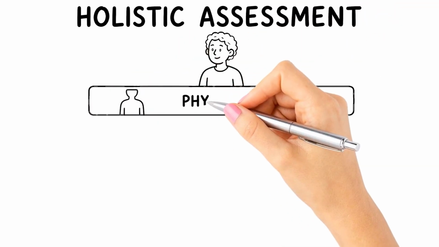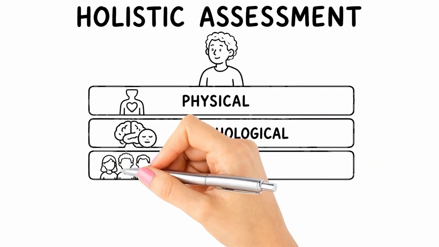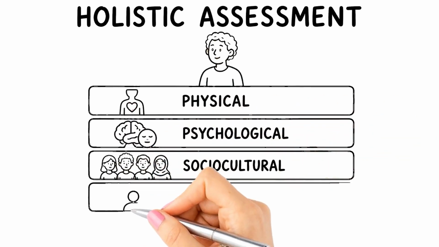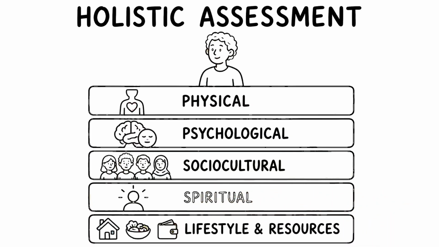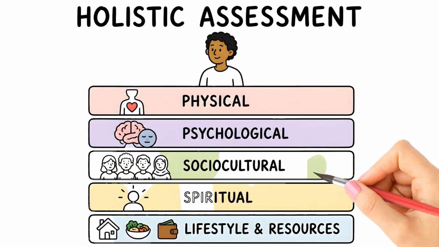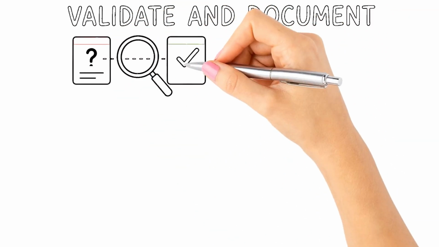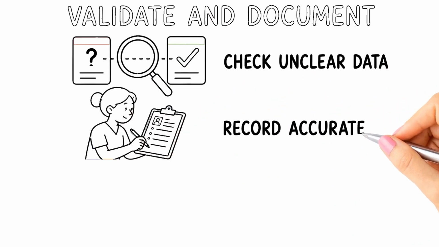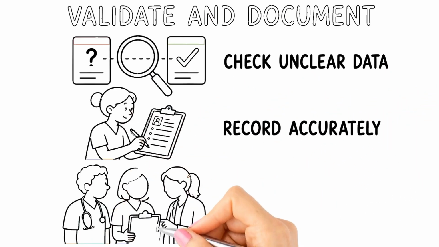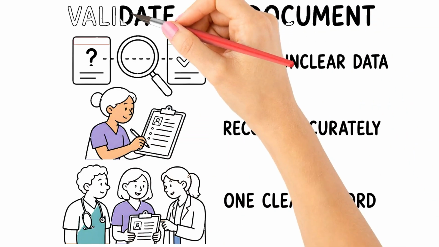It considers physiological, psychological, sociocultural, spiritual, economic, and lifestyle factors because each can affect the patient's needs, choices, risks, and response to care. Assessment findings should be validated when something seems unclear or inconsistent. The nurse then documents relevant data accurately and promptly so changes can be tracked and the care team can work from the same information.